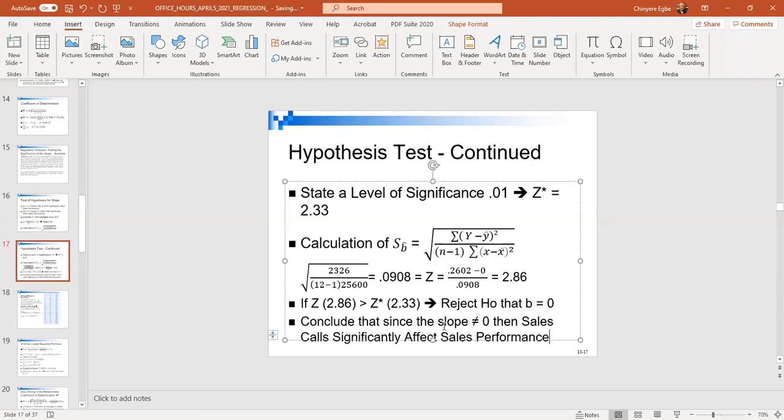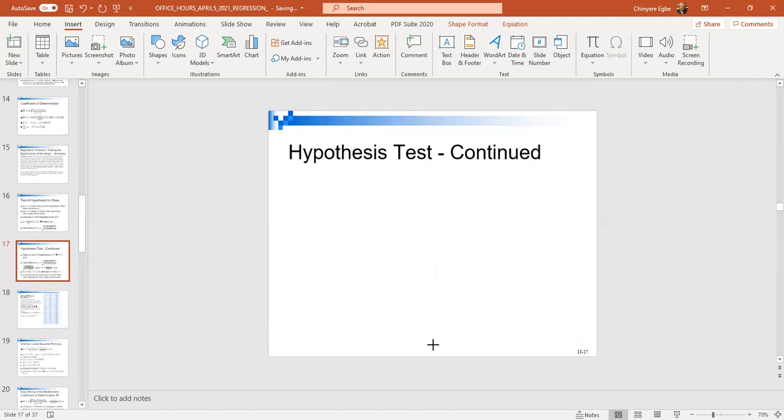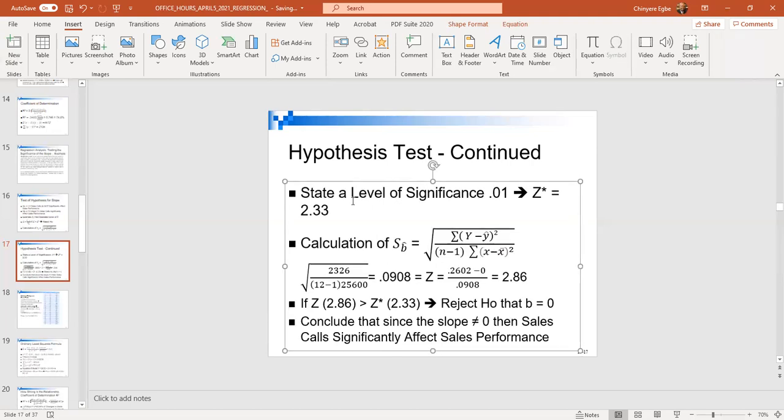All right, is that clear? Yes. Okay, since we reject the null hypothesis, then sales costs significantly affect sales performance.